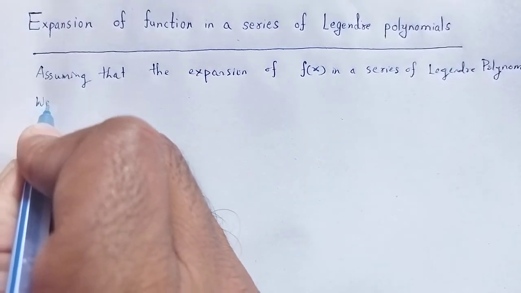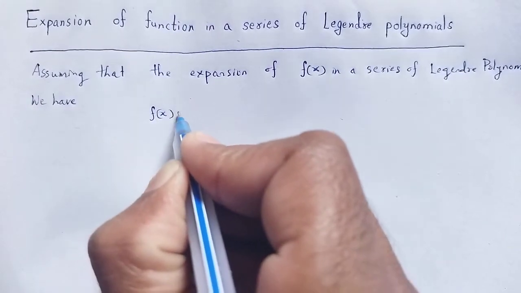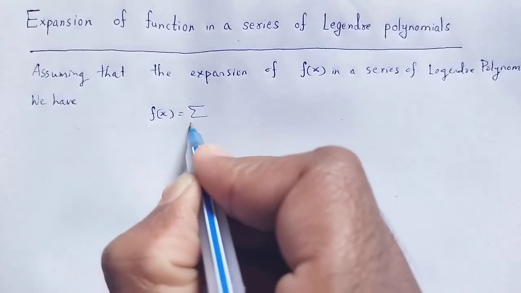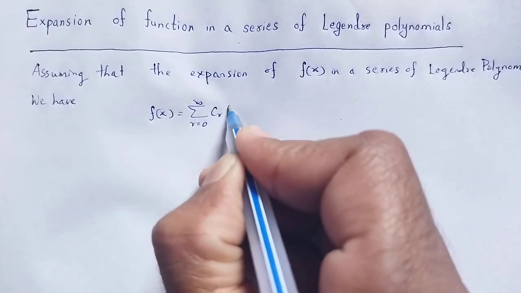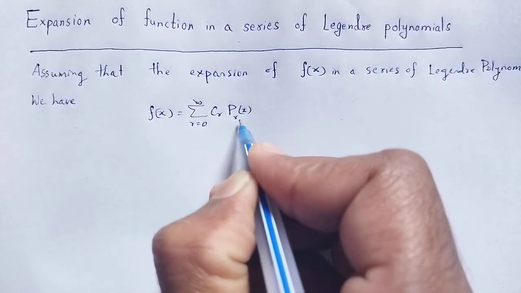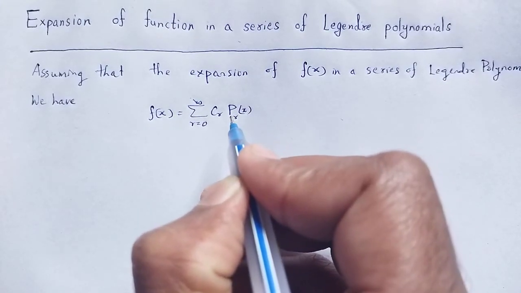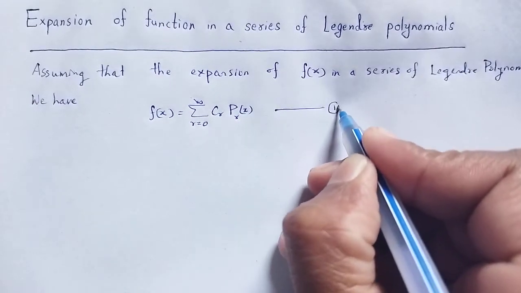What we have is f of x written as the summation over r from 0 to infinity of C_r P_r of x, where P_r of x is the Legendre polynomial. That is equation number 1.